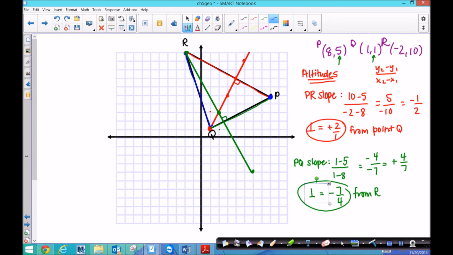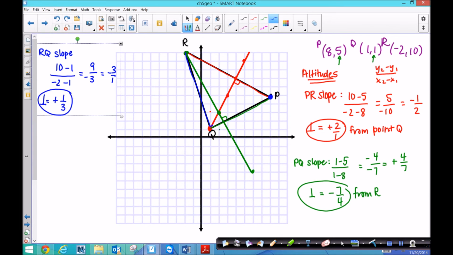We need to find the slope of RQ. So over here, we look for RQ's slope. That's going to be 10 minus 1 over negative 2 minus 1, which is going to give us 9 over negative 3, or negative 3 over 1. Again, we need the perpendicular, so that's going to be a positive 1 over 3.